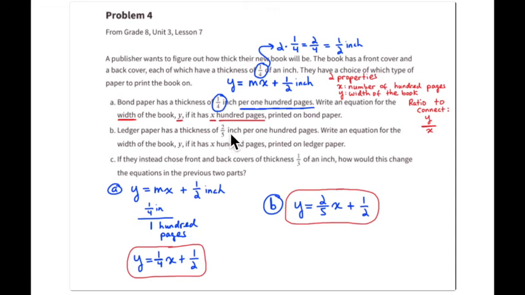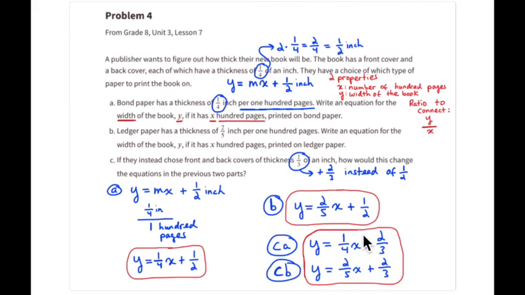So this is a little bit thicker, actually quite a bit thicker. So depending on the number of hundreds of pages you have, you multiply that times 2/5. But then remember, you have to go back and add the thickness of the cover. So you have to add this 1/2 of an inch.